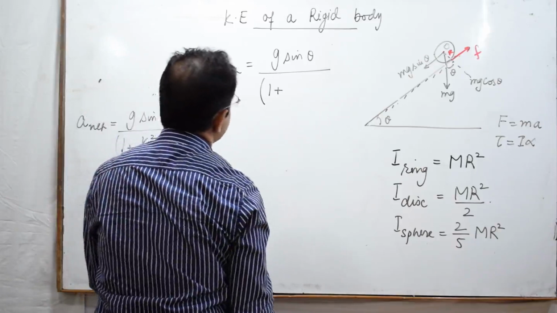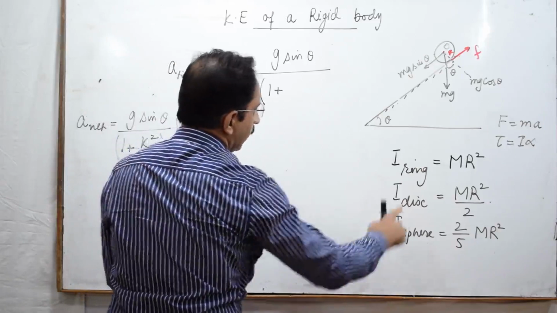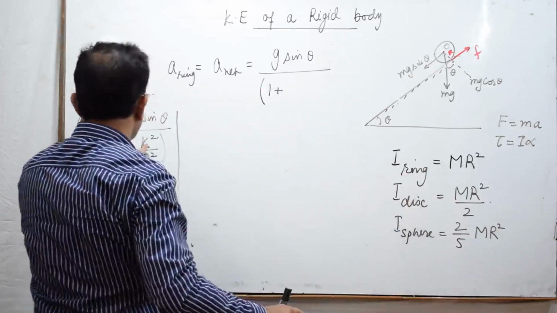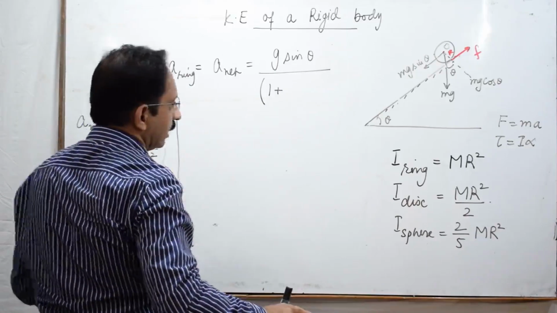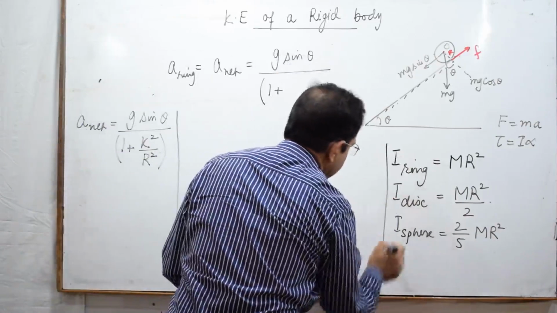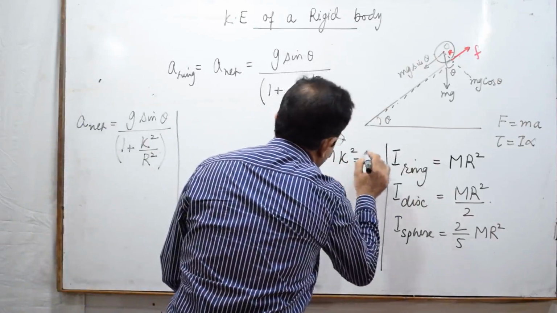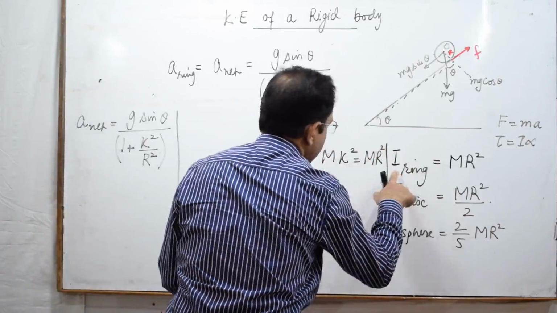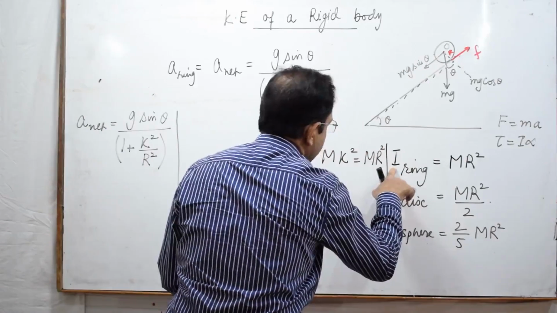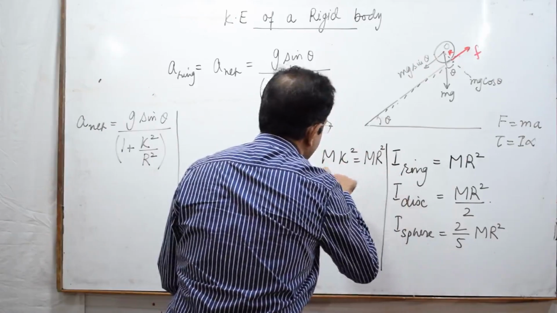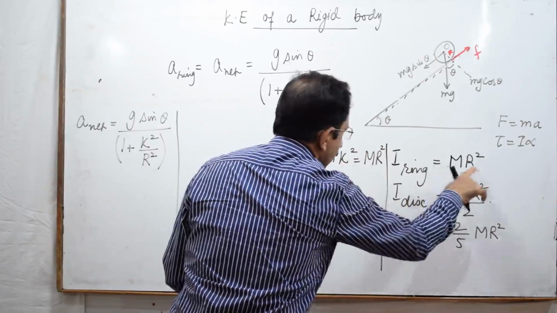So for the ring, what will be the result? When I see that the moment of inertia is m k square, so if we take that, I write m k square is equal to m r square. So I have the moment of inertia of the ring given by m k square. That moment of inertia is equal to m r square.